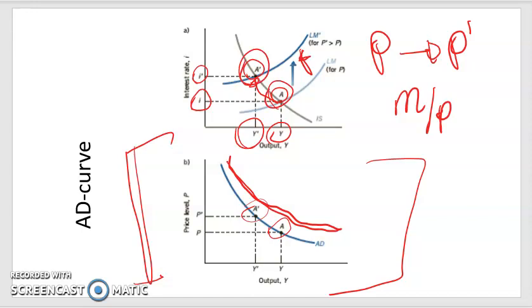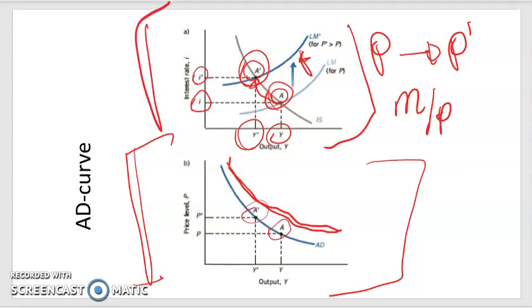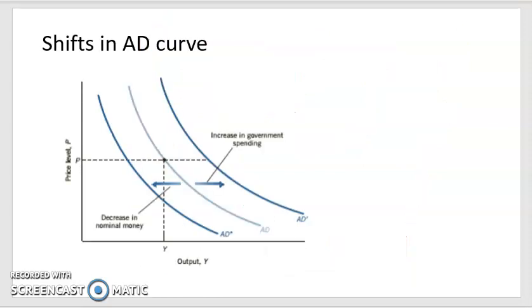Any variable other than the price level that shifts either the IS or the LM curve also shifts the aggregate demand relation. Let's look at this. For example, an increase in government spending.